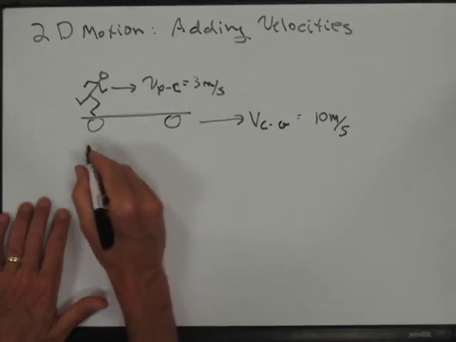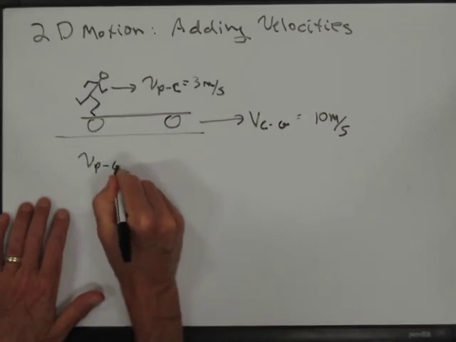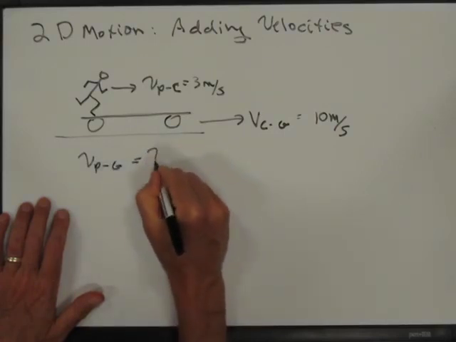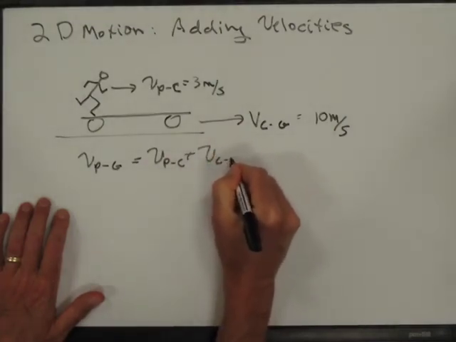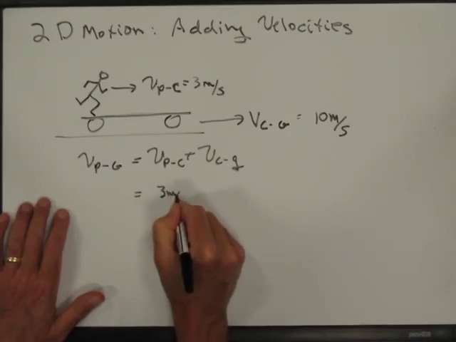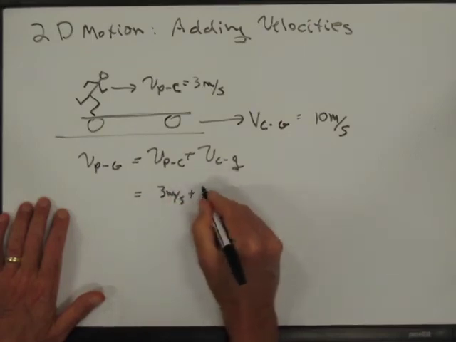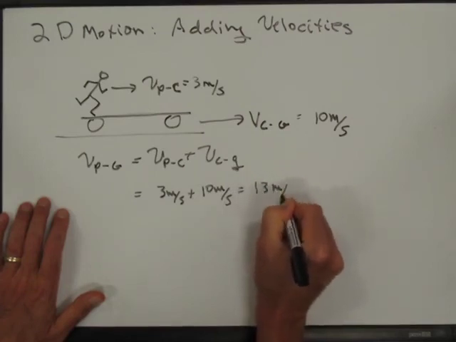And so if I want to know the velocity of the person relative to the ground, that's equal to the velocity of the person relative to the car plus the velocity of the car relative to the ground. And so that's 3 meters per second plus 10 meters per second, which is equal to 13 meters per second.